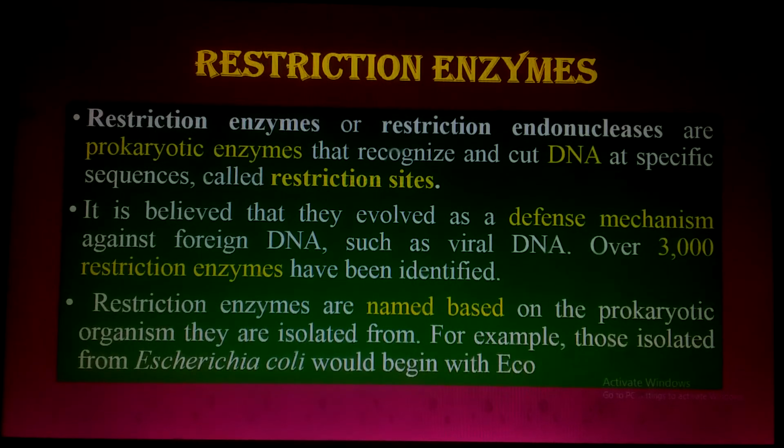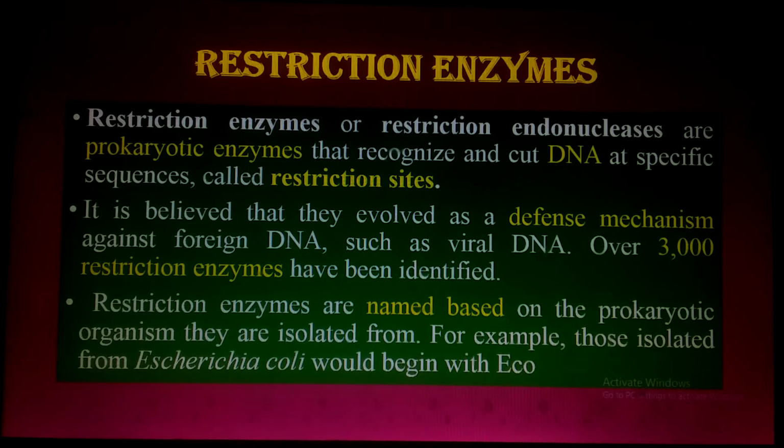It is believed that they evolved as a defense mechanism. Restriction enzymes or endonucleases are prokaryotic enzymes, and bacteria have these enzymes as a defense mechanism against foreign DNA like viral DNA.